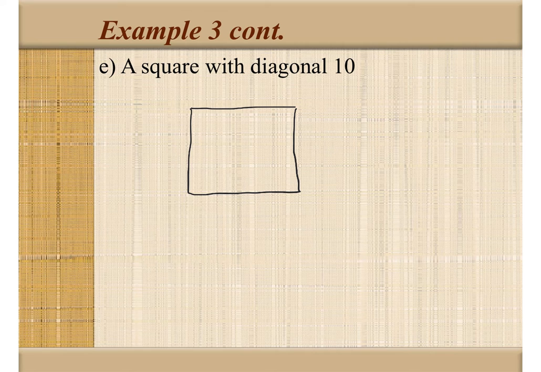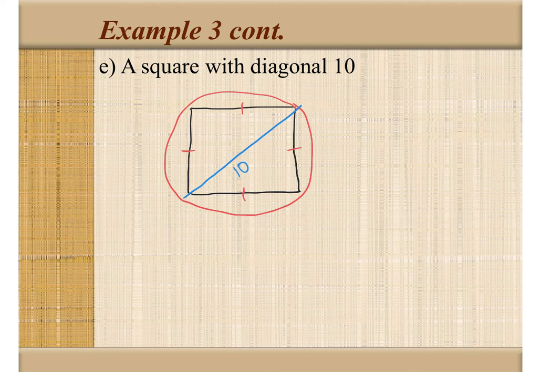Okay, so if all these sides are congruent, then we can say there's a circle that goes around it that touches each of the vertices.